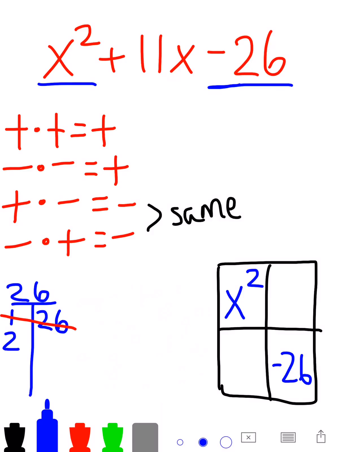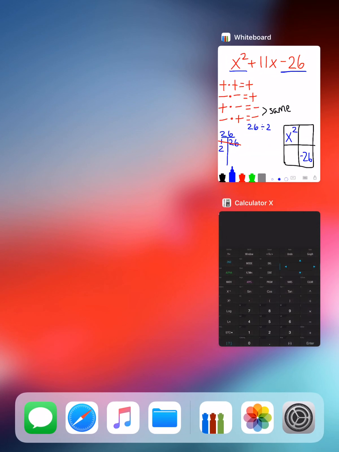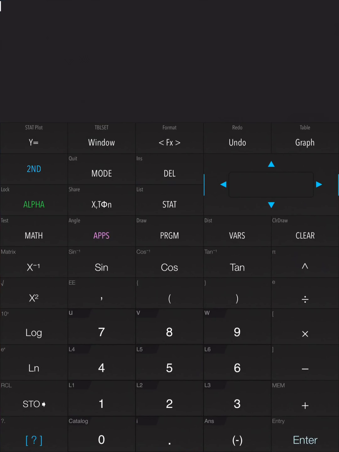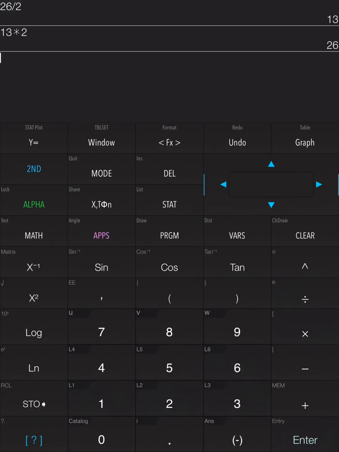Well, what times 2 will give us 26? If you don't know, you can always take 26 divided by 2. If you go over to your calculator and do 26 divided by 2 and hit enter, you will see that 26 divided by 2 is 13. So that means that 13 times 2 will equal 26.